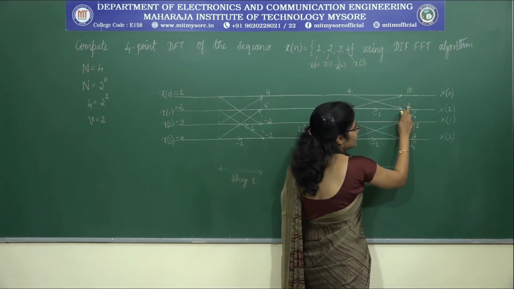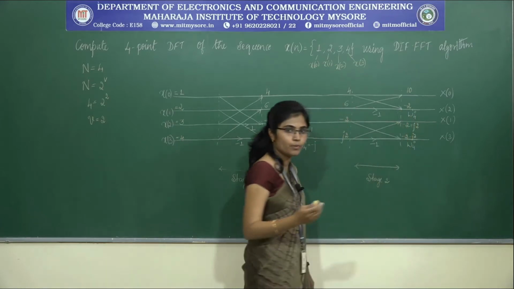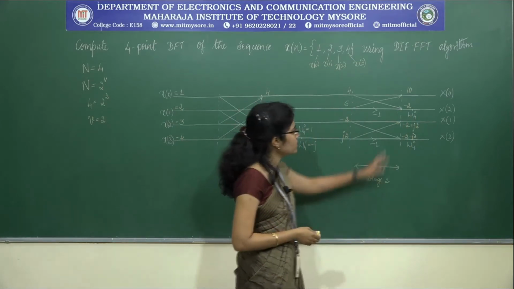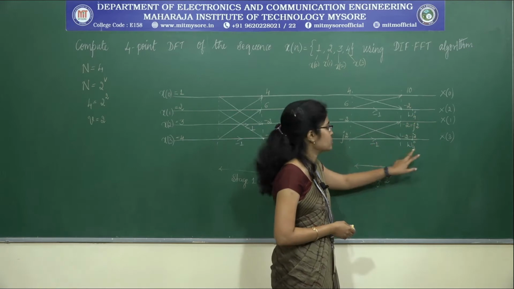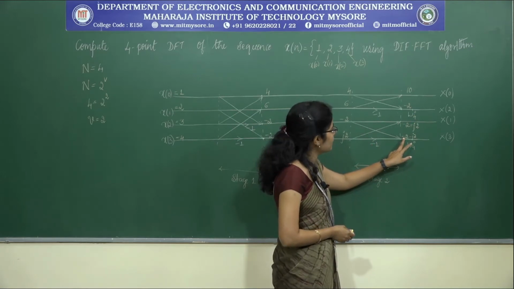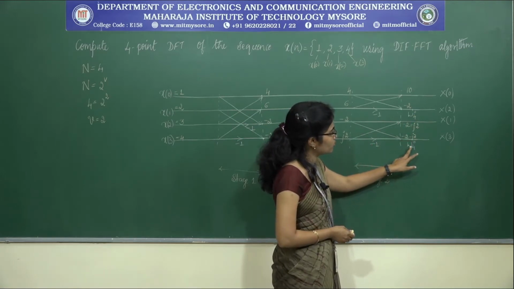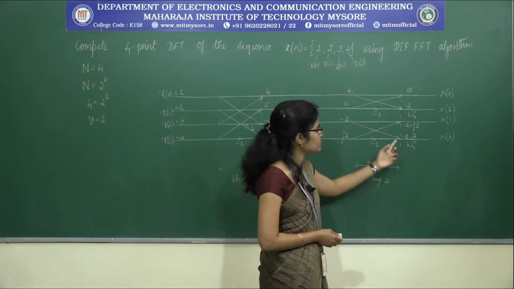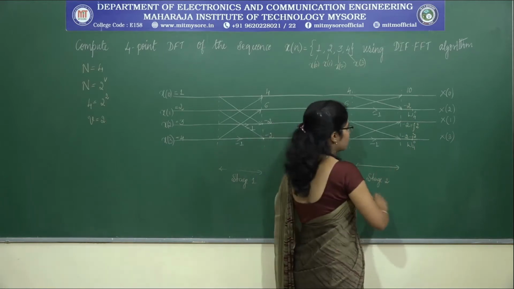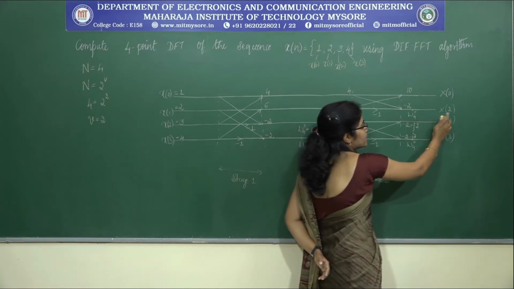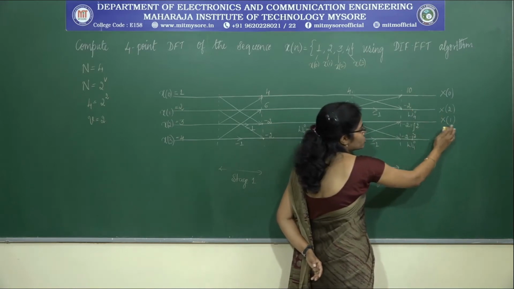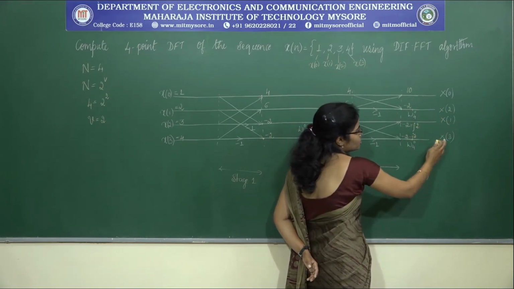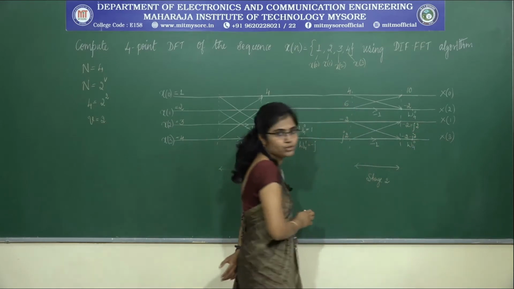Multiplying minus 2 with omega 4 power 0, we know omega 4 power 0 is equal to 1. So, minus 2 into 1 is minus 2. Similarly, multiplying minus 2 minus j2 with omega 4 power 0 also gives us minus 2 minus j2. Therefore, x of 0 is 10, x of 2 is minus 2, x of 1 is minus 2 plus j2, x of 3 is minus 2 minus j2.